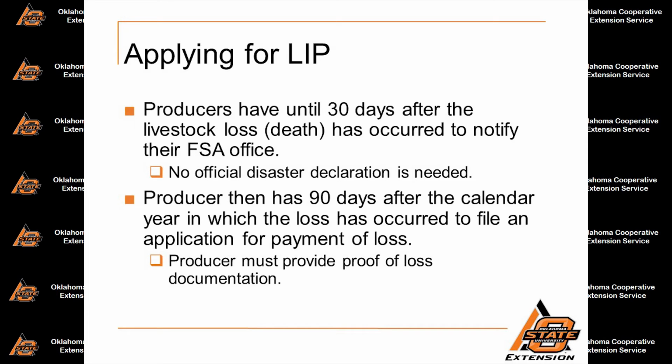Next, after you've filed that initial notice of death, you have until 90 days after the end of the calendar year in which that incident occurred to fill out the application for payment of loss. It is in this application for payment of loss that a producer has to provide proof of death documentation, or proof of loss documentation, and we'll talk about that next.